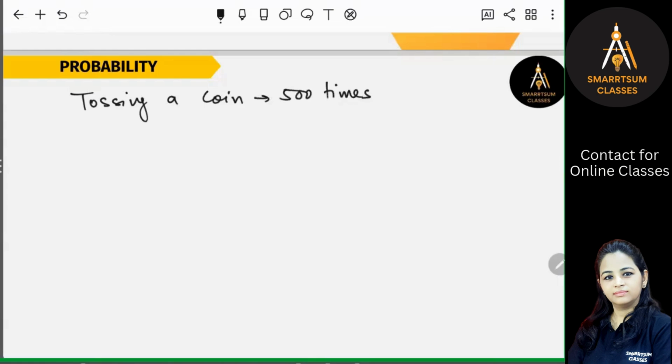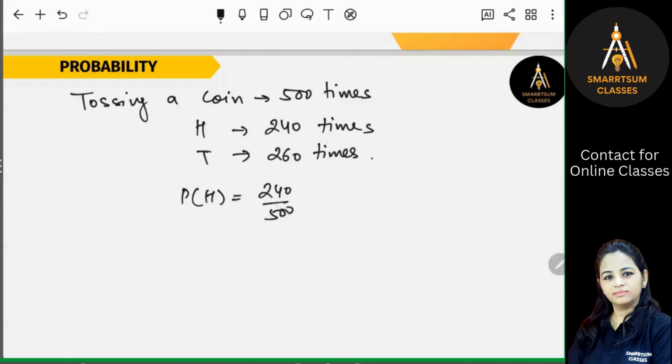We know that there are two outcomes when we toss a coin, a head and a tail. Now head comes 240 times, whereas tail comes 260 times. Then we say that in a single throw of a coin, the probability of getting head is 240 upon 500. You can convert this into the simplest form, that is 12 upon 25.